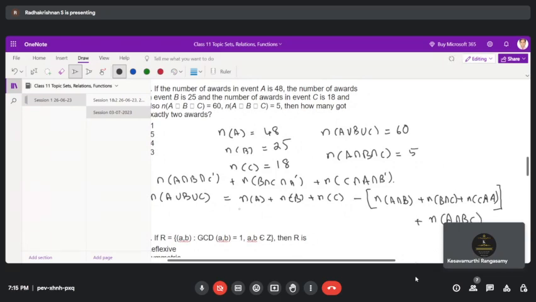So this is the formula for A union B union C. There are 3 sets: it is N A plus N B plus N C minus A intersection B plus B intersection C plus C intersection A, plus A intersection B intersection C.